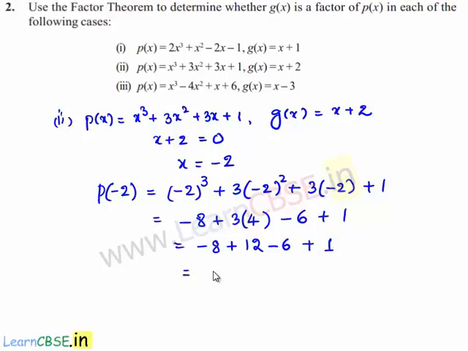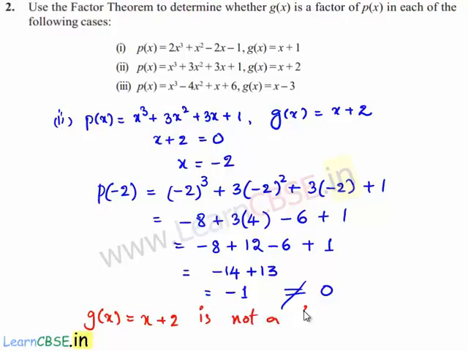This is equal to minus 14 plus 13, which is minus 1, which is not equal to 0. Therefore, by factor theorem, we can say that g of x, which is x plus 2, is not a factor of the given polynomial p of x.